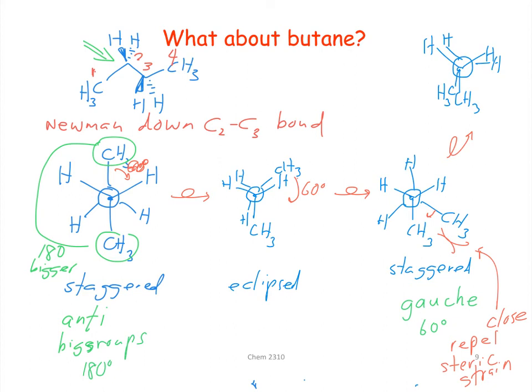Okay, so this one is eclipsed again, right? And do you think this is going to be the same energy as the other eclipsed? No, because now we've really forced those methyl groups even closer to each other. Okay? So we've created more steric strain.